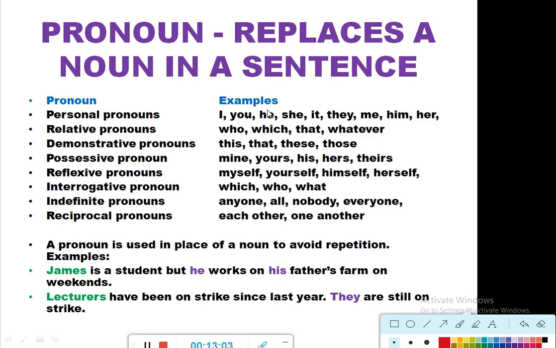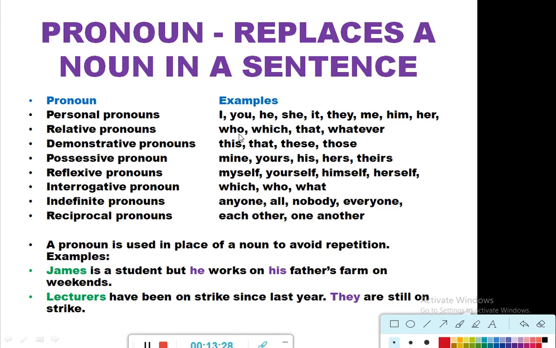He can replace someone you are talking about. If you are talking about John, then you can say he. You can say John is a boy. He is also a student. Mary is a girl. She is also a broadcaster. Something like that.